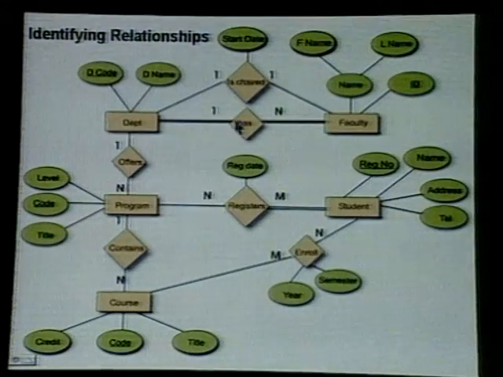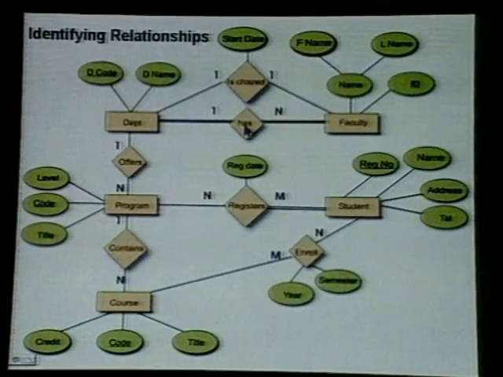We use a diamond symbol to show that these two entities are related to each other. Inside this symbol, we write the name of the relationship. Of course, you can use any name, but it's better to use a name which is meaningful. Now, if we read that information, it says department has faculty. That means the teaching staff.